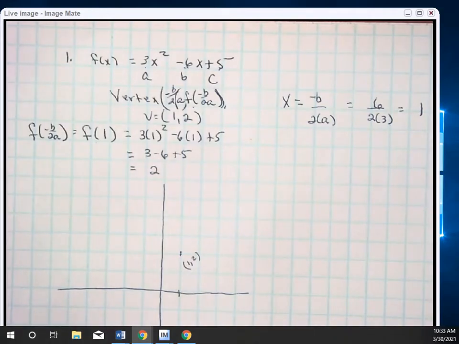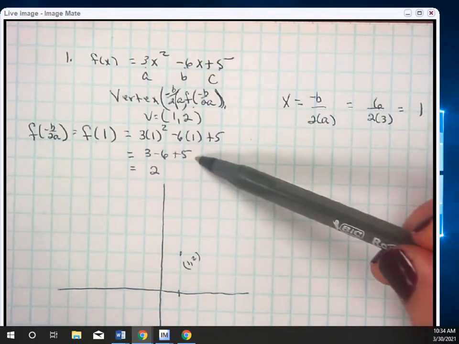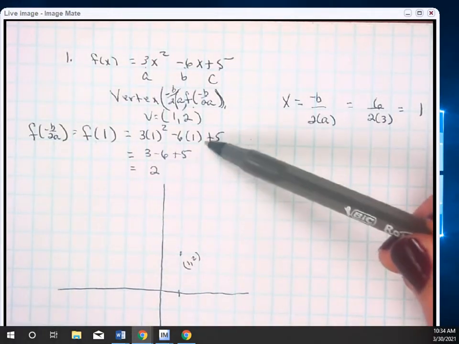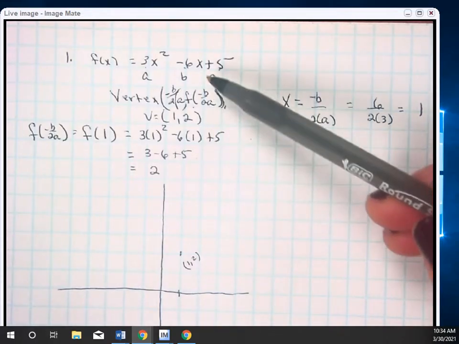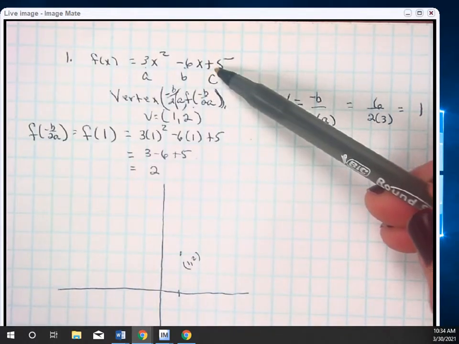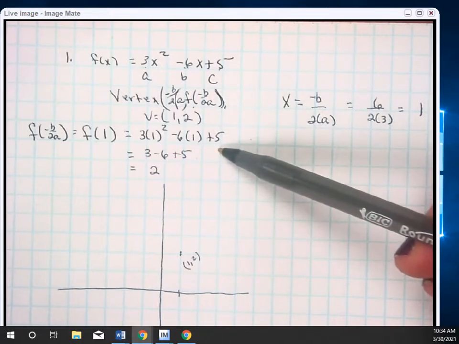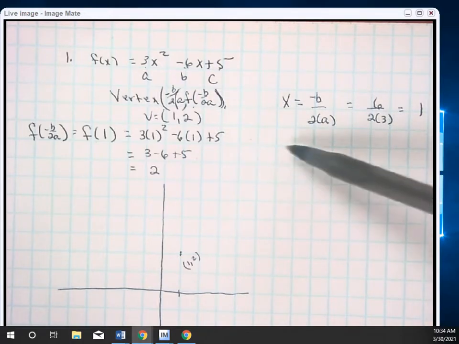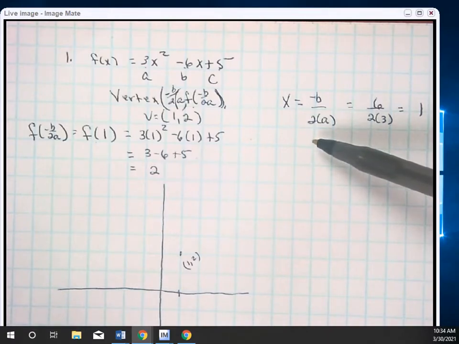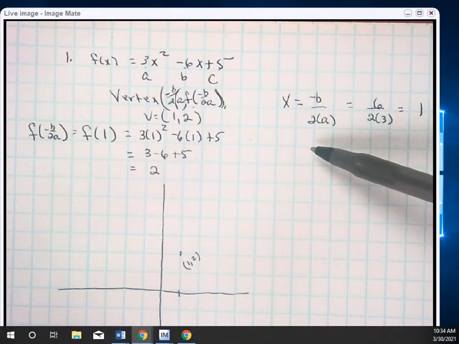What's wrong? What did you do on the second one? This one? Oh, this one? Yeah. I substituted 1 into the f of x function. Everywhere there's an x, I put a 1. I got the 1 from the opposite of b over 2a. Why did you not square the 3? Yeah, that's cool.